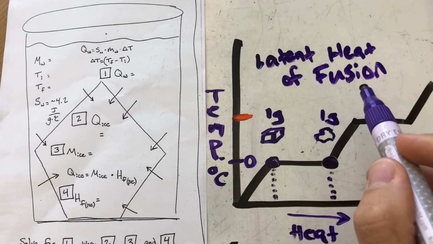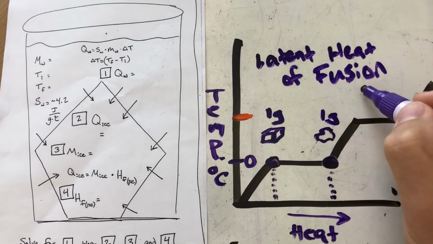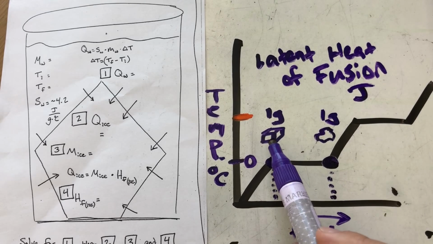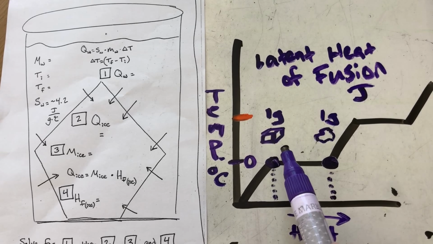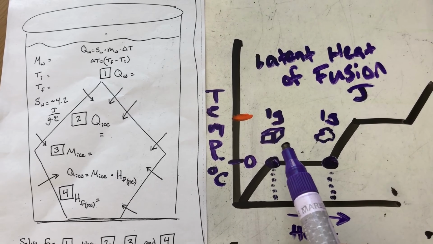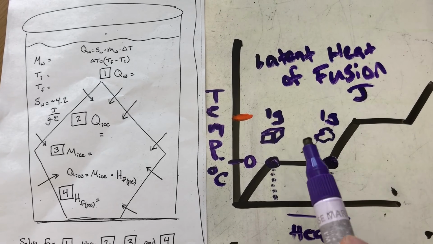And latent heat of fusion values are units of heat, units of energy. So we report them as a joule value. But if you think about this, let's say you have a small ice cube versus a really, really big ice cube, right? Maybe 10 grams, maybe 20 grams, maybe a 10-pound ice cube block. That's a lot of ice. But in this case, which of those is going to require more energy to melt?